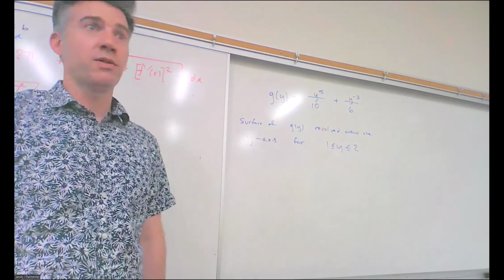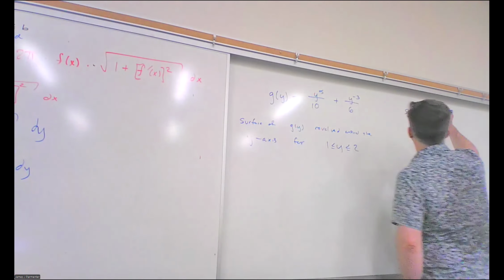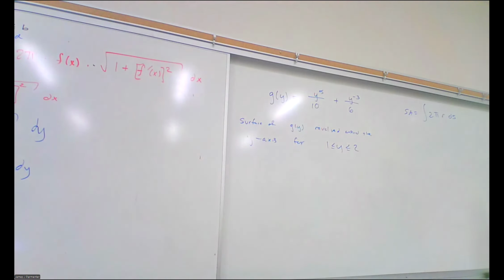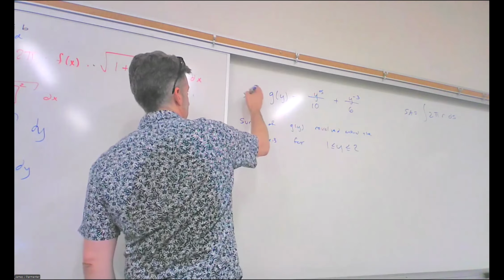All right, so usual setup. Surface area is going to be the integral of 2 pi r ds. Since I'm going around the y-axis, my radius is x, the horizontal distance, but x is not a thing I'm using, so my x is equal to g of y.